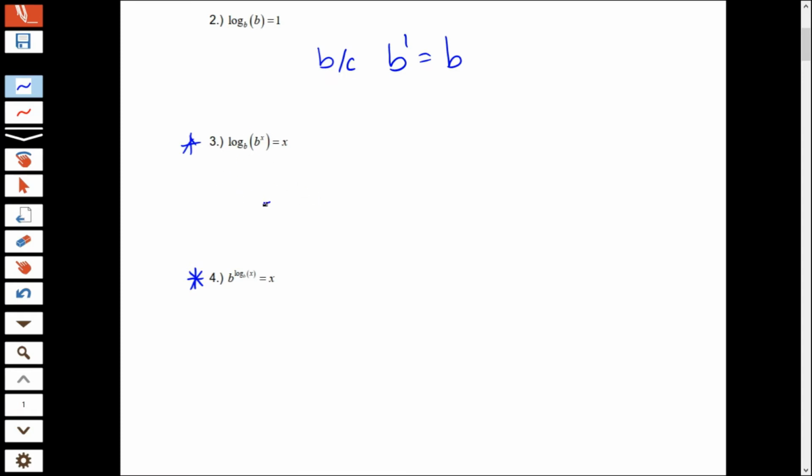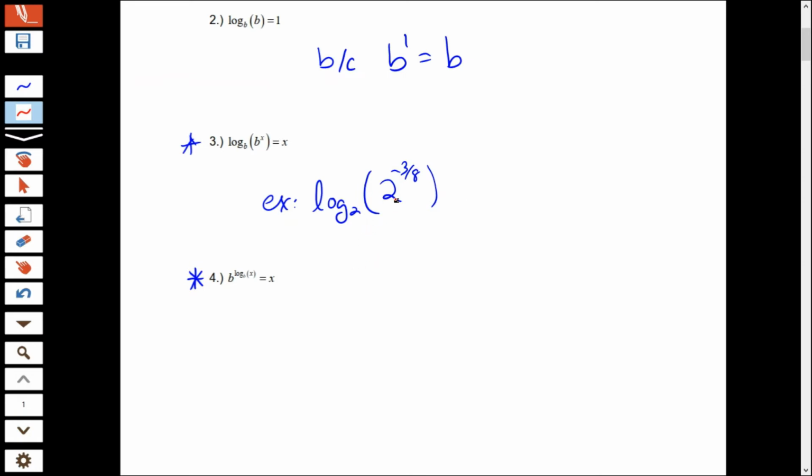So I'll do an example for you, a couple examples throughout this packet, but let's just consider log base 2 of 2 to the negative 3/8. This log base 2 and 2 to the negative 3/8 are inverse operations of each other.